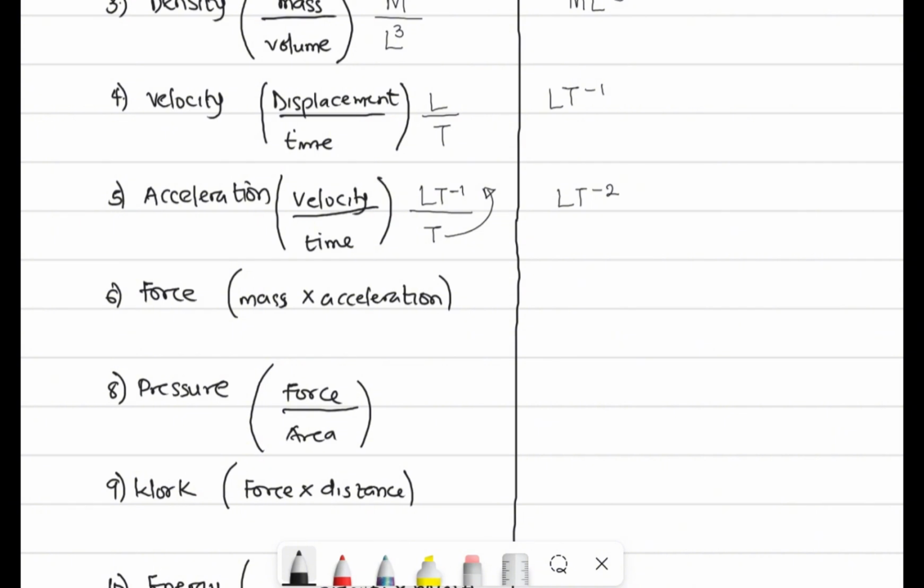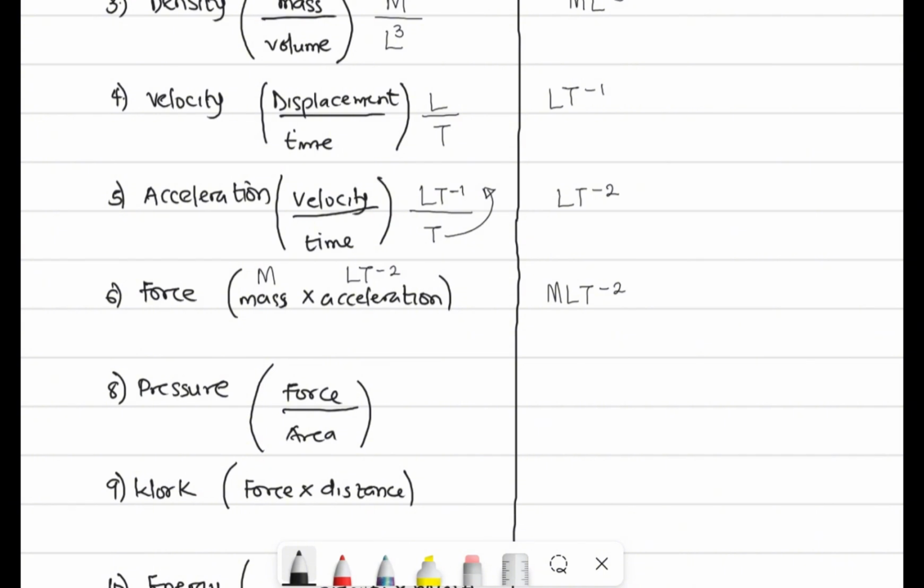Force is mass times acceleration, and mass is M, while acceleration is L T minus 2. So everything gives us M L T minus 2. That's for force. Then we have pressure now. Pressure is force over area.